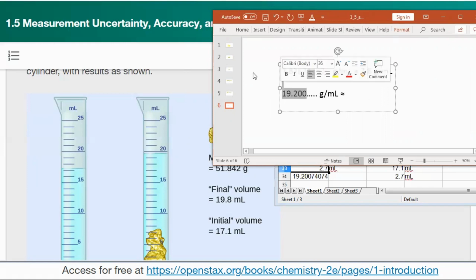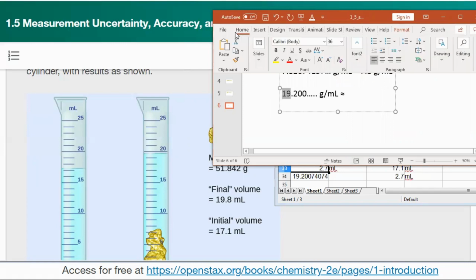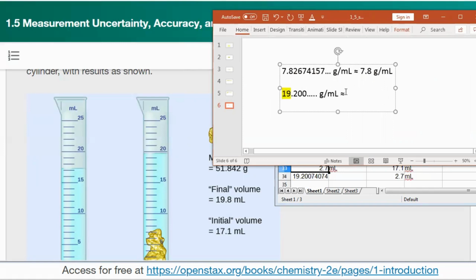We only want two significant figures. So this will be approximately 19 grams per milliliter. I did this all in my head. I'm not doing it in brutal detail like the other examples.